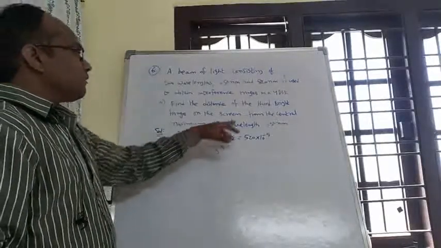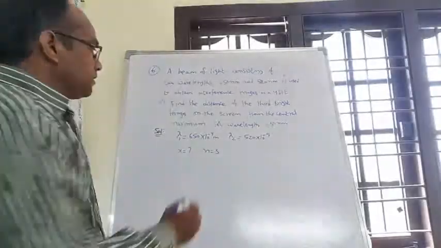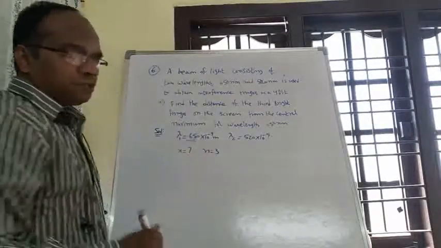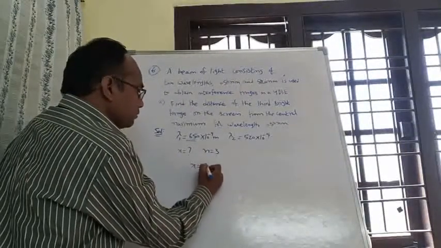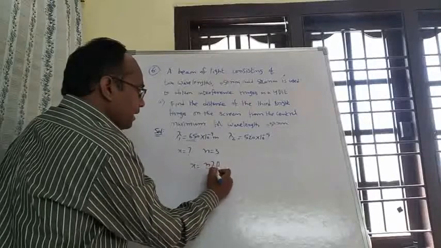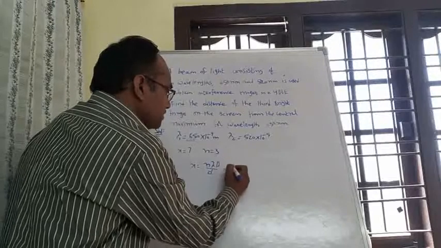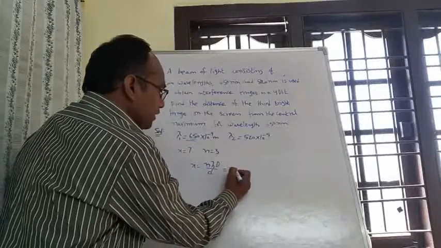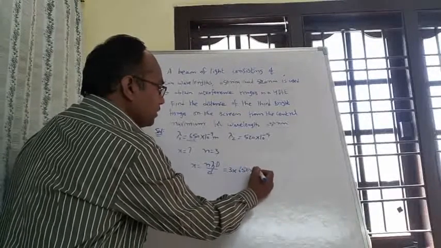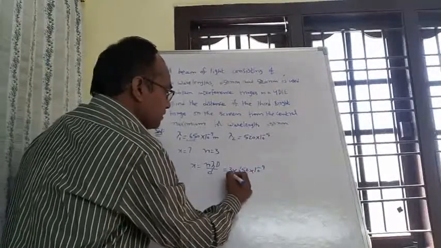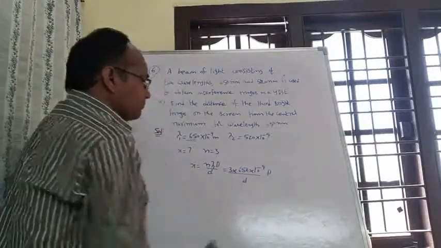On the screen, from the central maximum for the wavelength of 650 nanometer, for this one they are asking the value. So what is the formula we have to write? X is equal to n lambda D by small d. So this is lambda 1. So 3 into lambda 1. Lambda 1 is 650 into 10 to the power of minus 9, into D divided by small d.